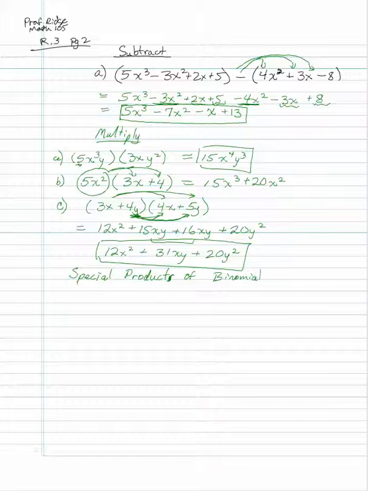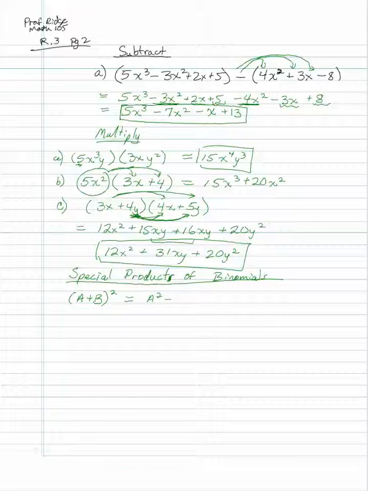These are shortcuts because they're things that we do a lot. We do a lot of squaring. So if you take a binomial and square it, and if you forget, you just FOIL it, and then you get this. It's going to be a squared plus 2ab plus b squared.